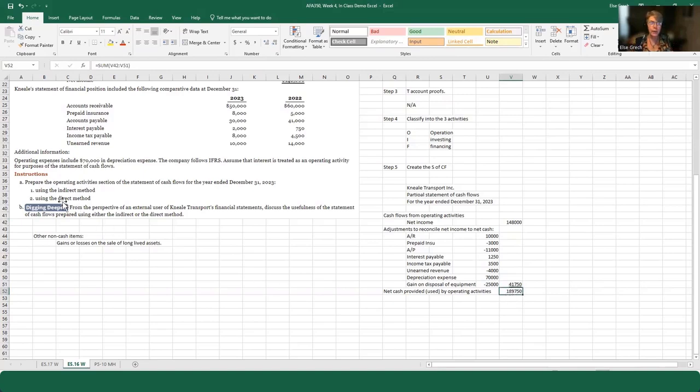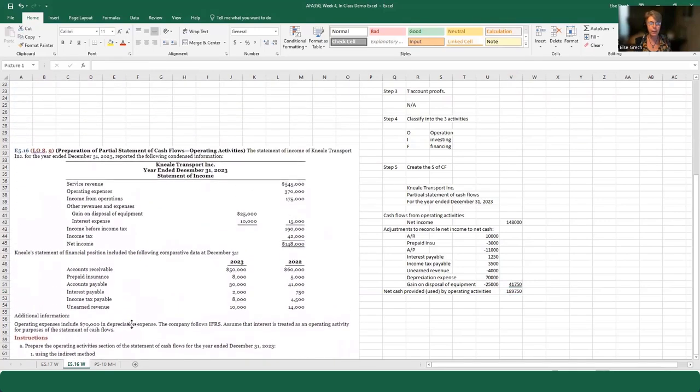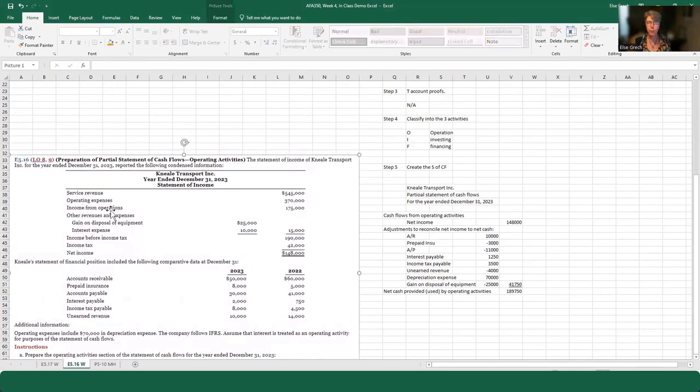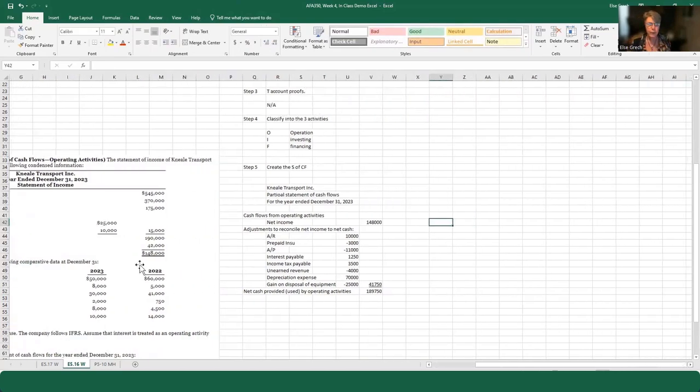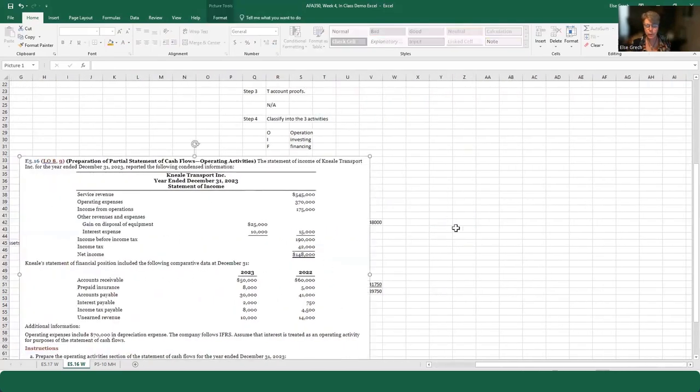So we did that. Now what we want to do is the same thing, but we want to use the direct method. So in the direct method, we take the income statement and remove all the subtotals. So over here, I'm going to do the calculations for the direct method. And I need the income statement, so I'm just going to put it over here.